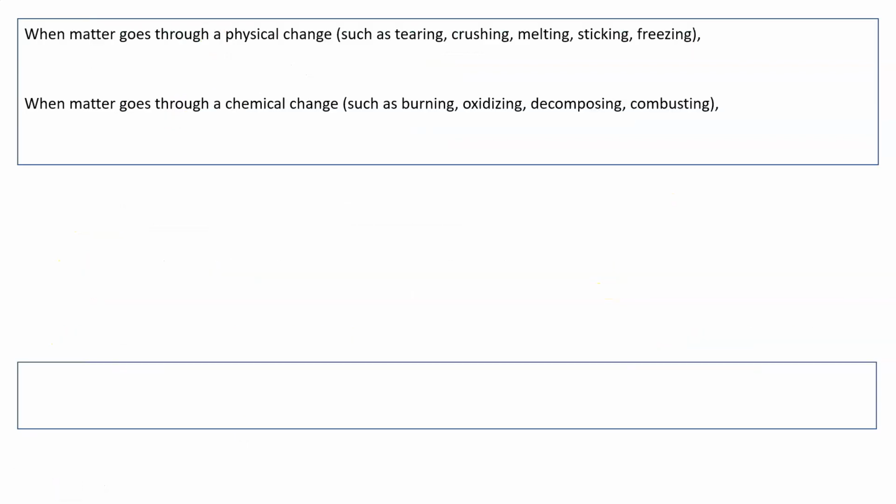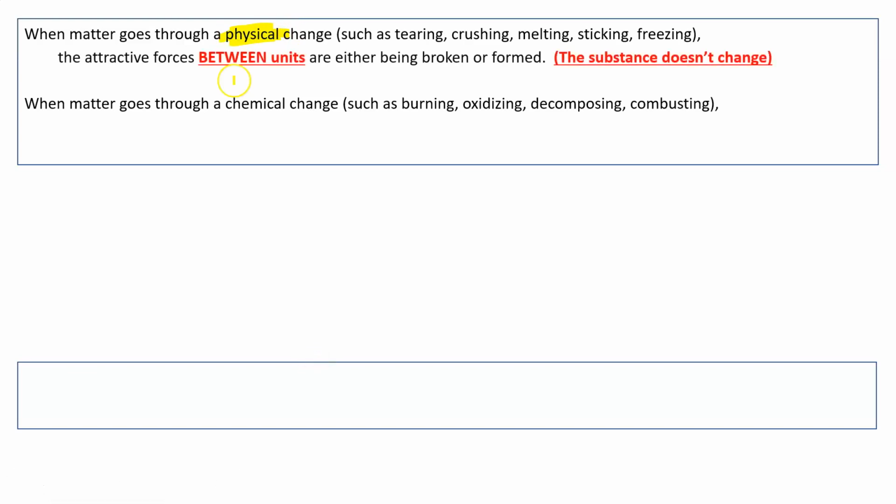Now we talk about changes. When matter goes through a physical change, like tearing, crushing, melting, sticking, freezing, the attractive forces between the units are either being broken or formed. The substance doesn't change, it's just going through a physical change.